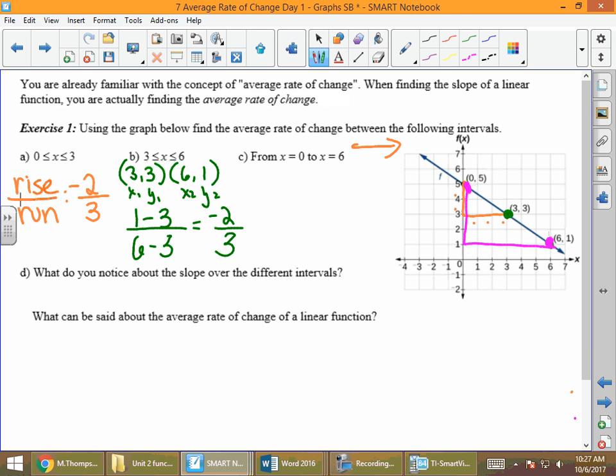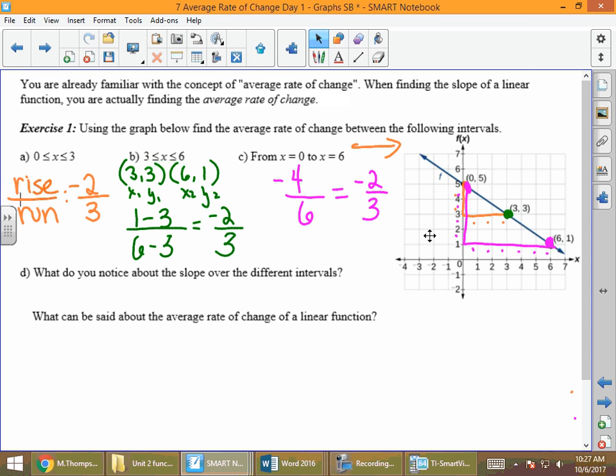So once again, whether we use the formula or the rise over run concept, this time it's 1, 2, 3, 4 down, which is our negative 4. And then it's 1, 2, 3, 4, 5, 6 for our run. And then we can simplify that fraction, which ends up to be negative 2/3.